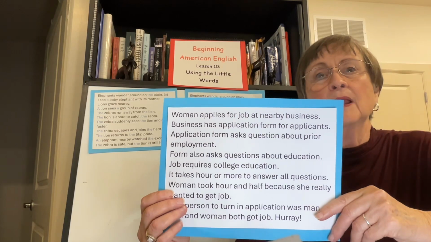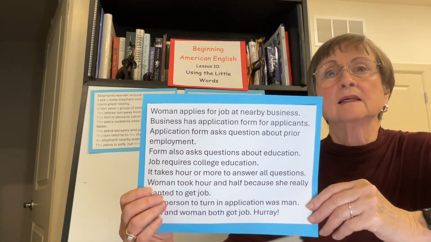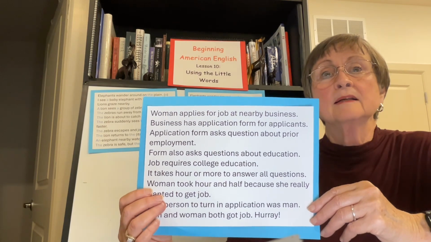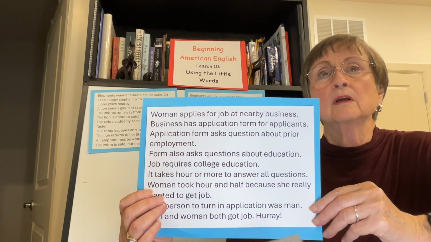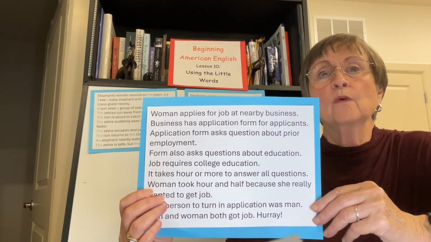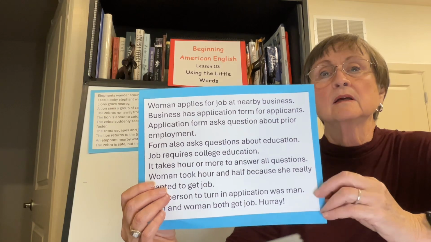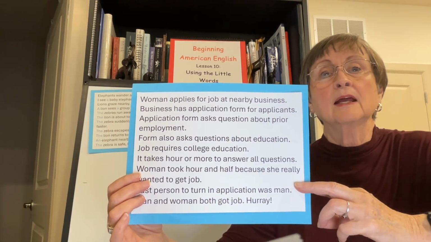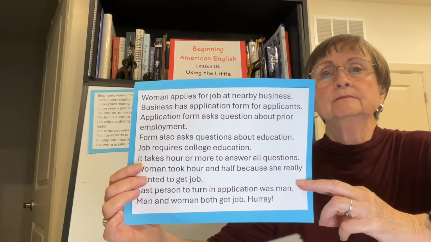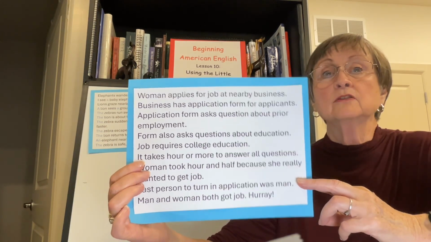Woman applies for job at nearby business. Business has application form for applicants. Application form asks questions about prior employment. Form also asks questions about education. Job requires college education.